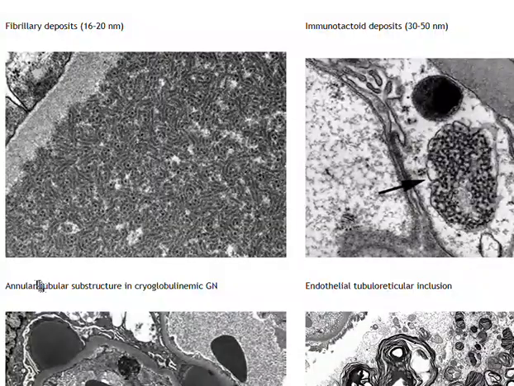And then we can see annular tubular substructure in cryoglobulinemic GN here. And then endothelial tubuloreticular inclusions, usually due to interferons, sometimes associated with viral diseases and autoimmune diseases, for example lupus.